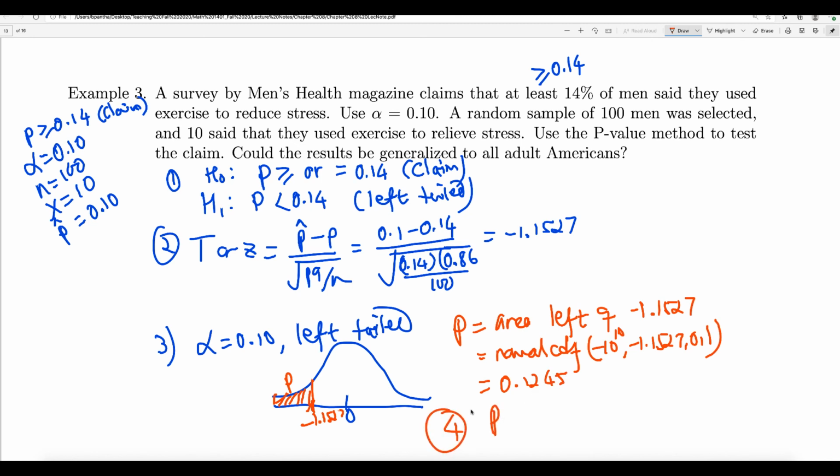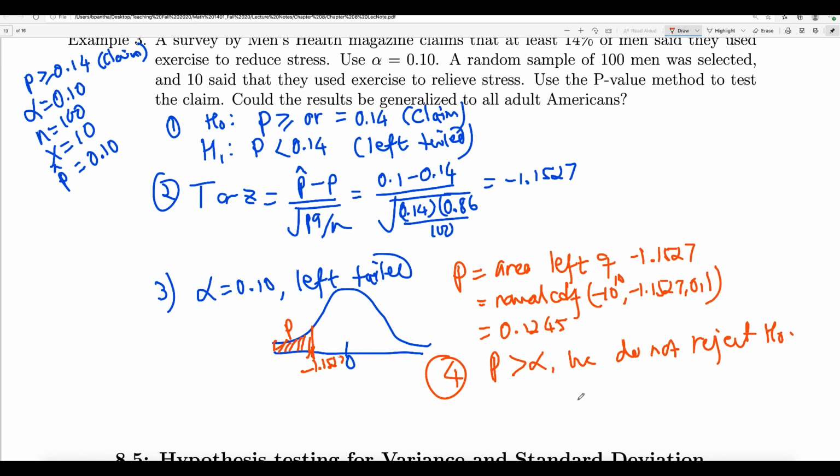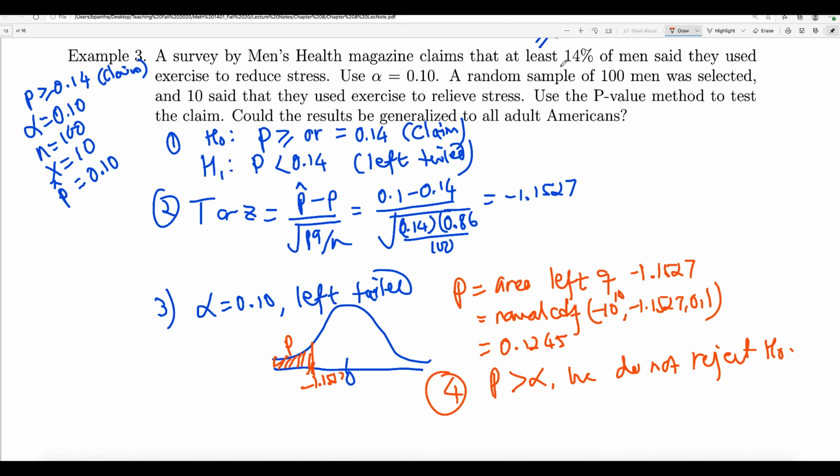Is the p-value less than alpha or greater than alpha? The p-value is greater than alpha. So we do not reject H0. In this case, we do not reject. How do you write the conclusion? We do not reject, which means there is not enough evidence to reject the claim.